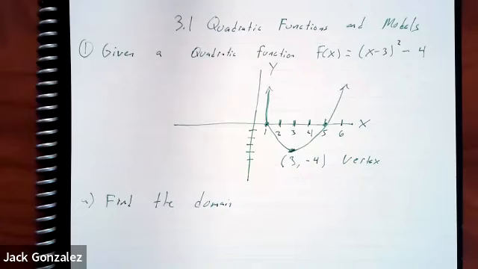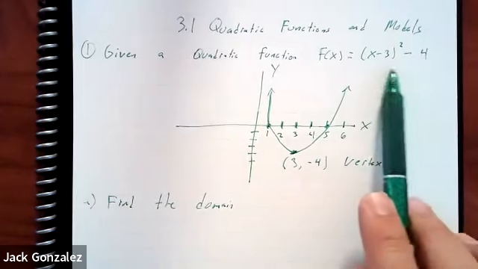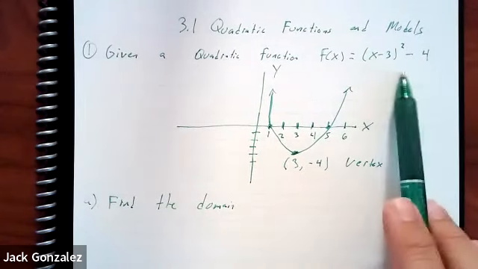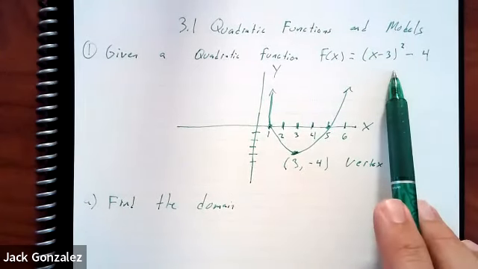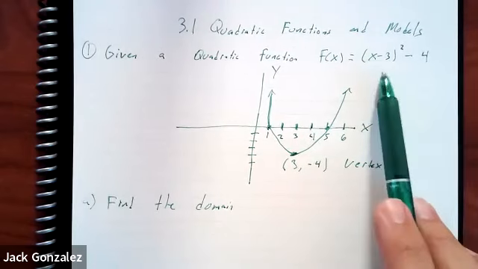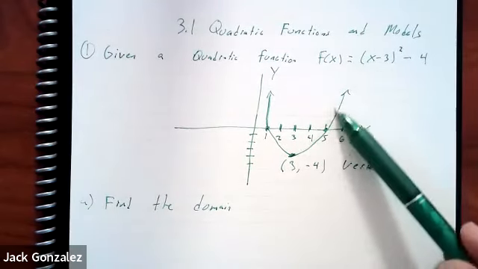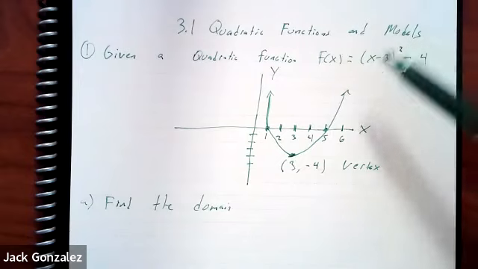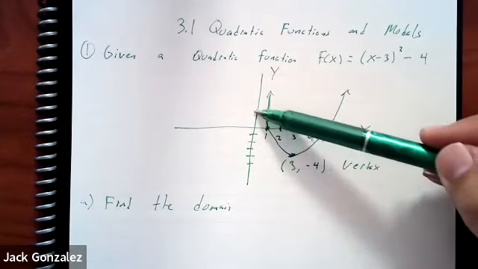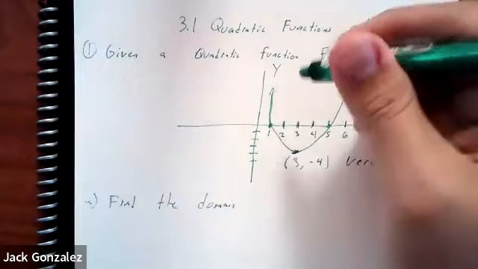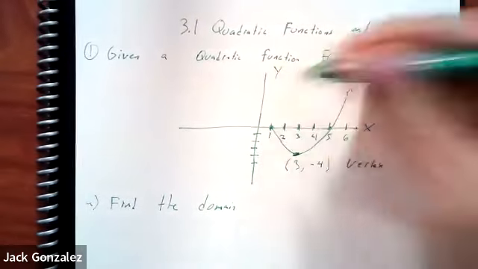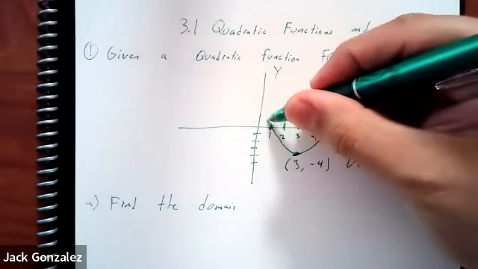Vertex and axis. Yeah, so first is the domain. What is a domain? All the x values that are possible for this function is the domain, all the inputs. So there is nothing you can't plug in. It'll keep going to the right forever, eventually covering all your x values, and to the left forever, eventually covering all your x values.